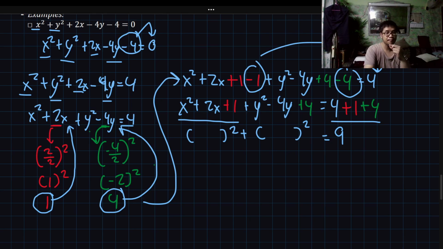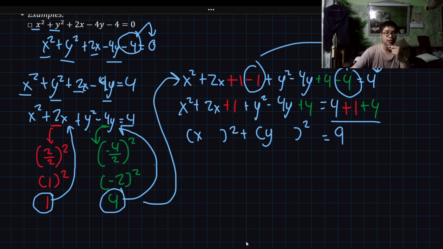Then for the second step, look at the variables used here. On the x squared plus 2x plus 1, the variable used is x, so you put x here. Then for the y squared minus 4y plus 4, they use y, so put y here, for the y terms. Then after that, what's next?